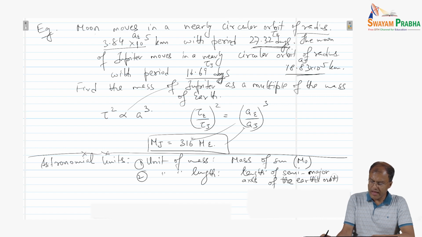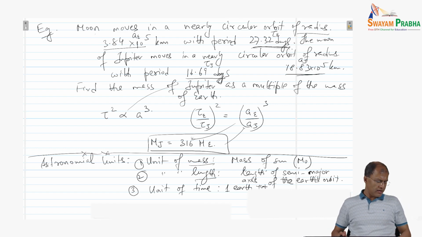So these are my AU units for mass and length, and my unit of time is 1 Earth year, or 365 days.